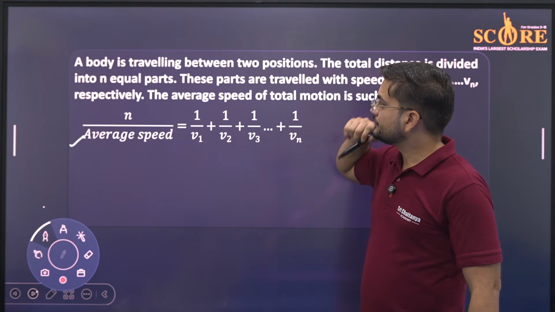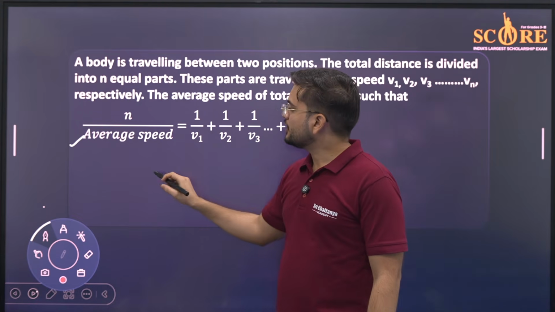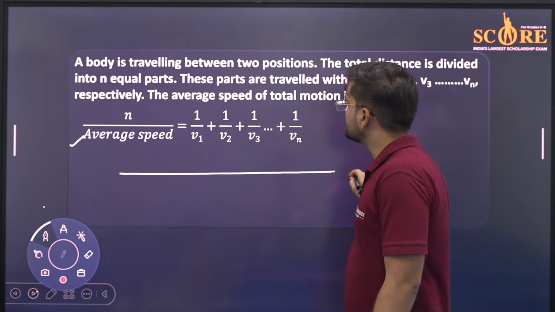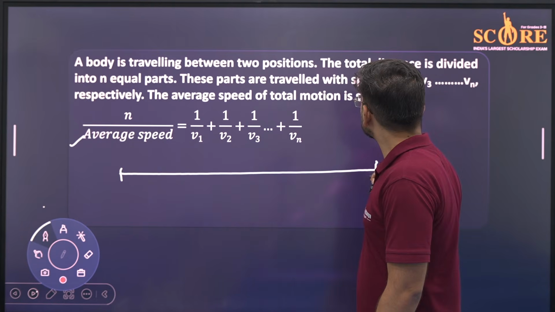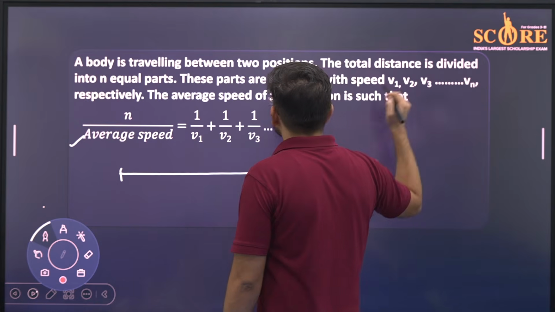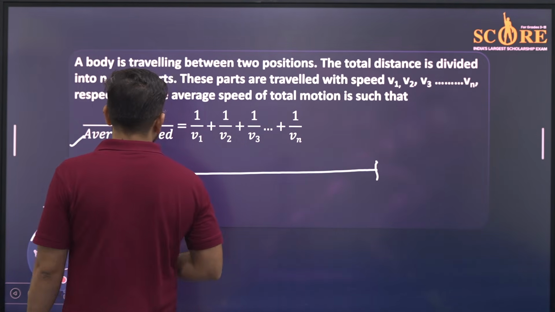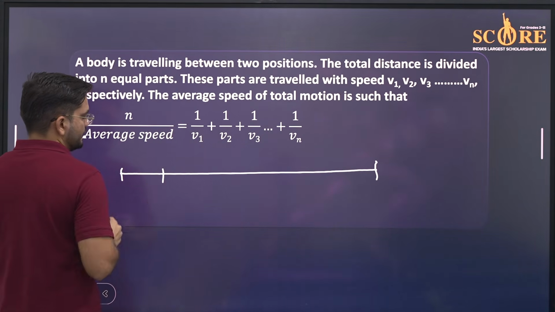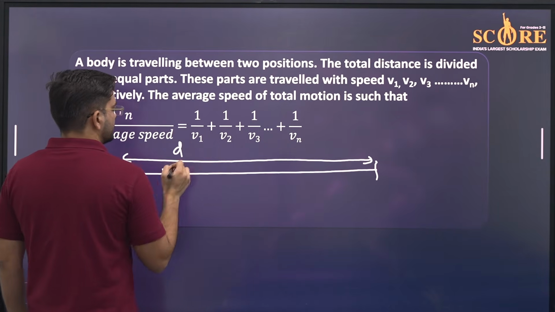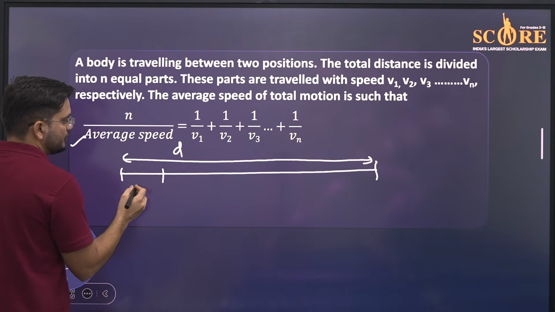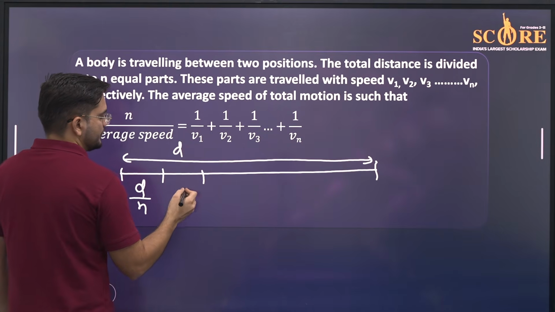What is the result? If a body travels in a straight line, the total distance is divided into n equal parts. If the total distance is d, then one part will be d by n.